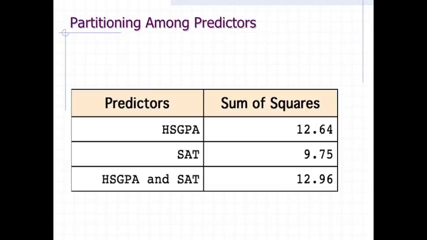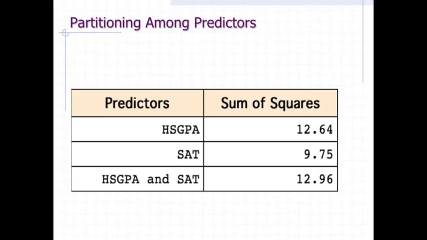In multiple regression, it is often informative to partition the sums of squares explained among the predictor variables. For example, the sum of squares explained for these data is 12.96. How is this value divided between HSGPA and SAT? One approach that, as will be seen, does not work is to predict UGPA in simple regressions for high school GPA and SAT.